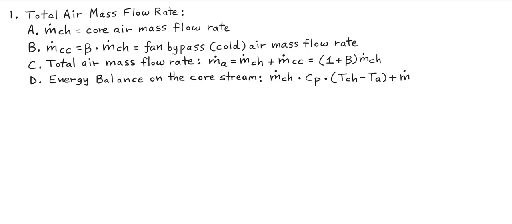Again, you have the gamma value C sub P over C sub V, but we're isolating just the C sub P, then times the quantity difference of the absolute temperature sub ch minus the absolute temperature sub A, plus m dot sub cc times, again, the C sub P and then the product of the difference of T sub C from T sub A.